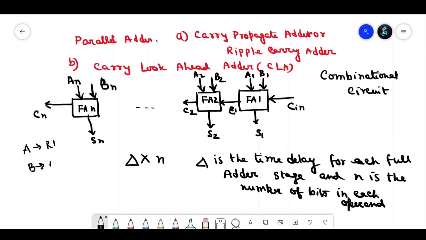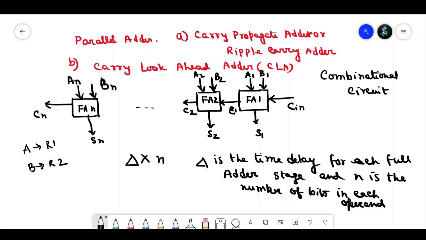The sum is transferred to a third register or one of the source registers. It can be stored in R1 or R2. Okay, so this is all about the carry propagate adder or ripple carry adder.